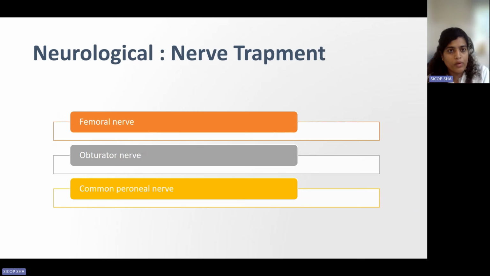The neurological structures, nerve entrapment structures should also be excluded while we are diagnosing knee pain. So when we talk about neurological structures, we are talking about the femoral nerve, obturator nerve, and common peroneal nerve, which should also be checked.